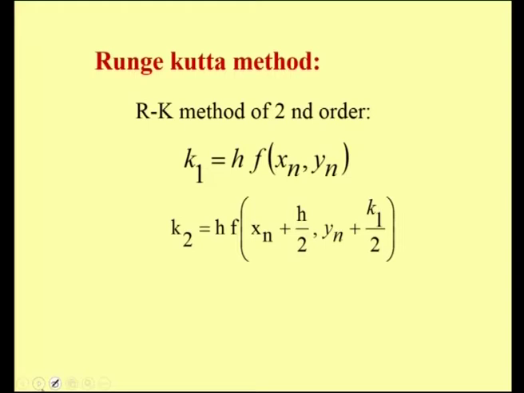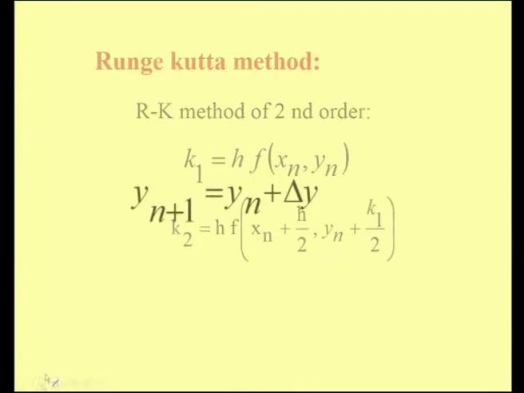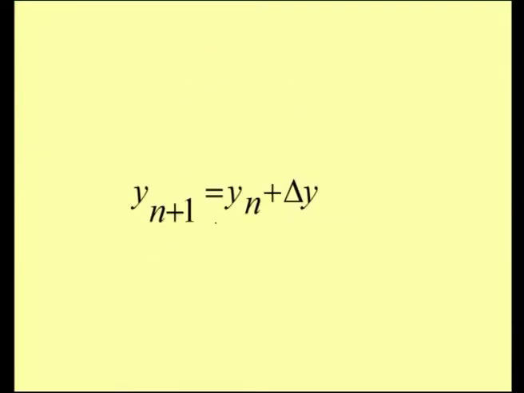So, we separately find k1 and k2, using the same formulas as in the modified Euler's method, and then yn plus 1 is equal to yn plus del y, where del y is equal to (1/2) times k1 plus k2. Okay, this is the RK formula for second order.